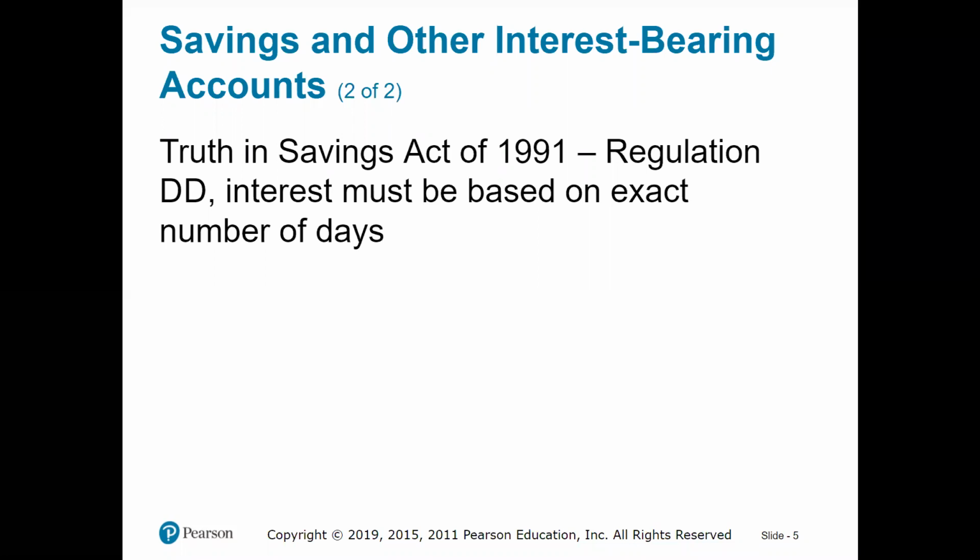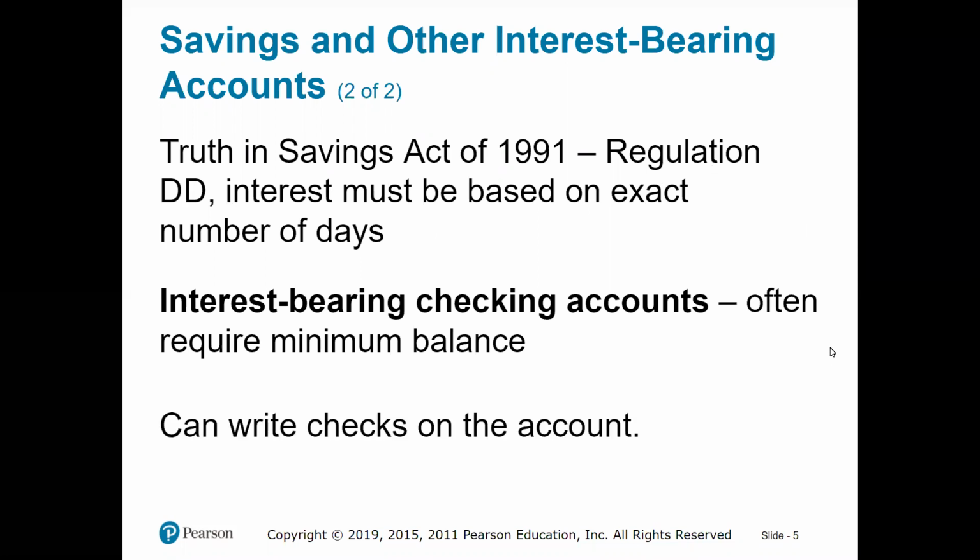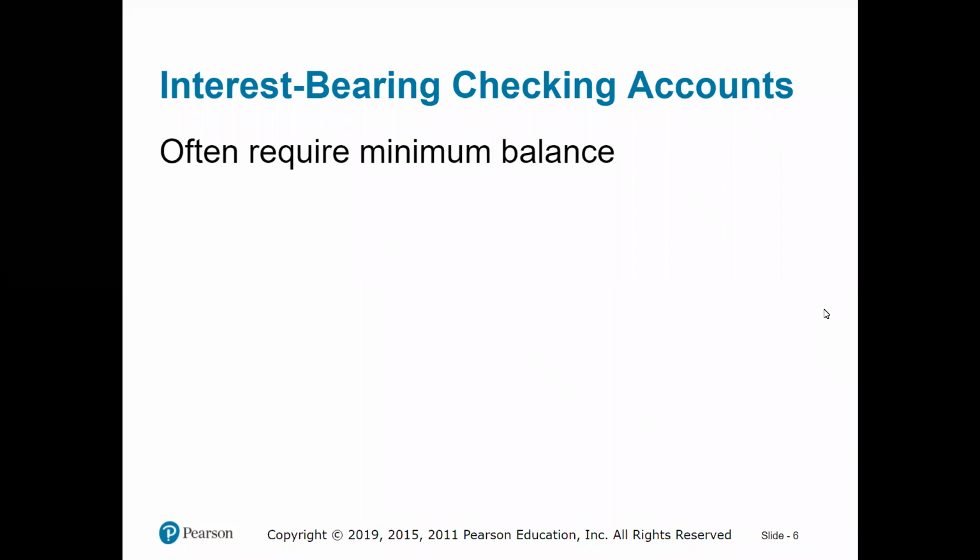All right, Truth in Savings Act of 1991, Regulation DD, don't know what that is. Interest must be based on exact number of days. Guess we could look up what that means at some point. Interest-bearing checking accounts often require a minimum balance, and you can write checks out of the account because it's a checking account.